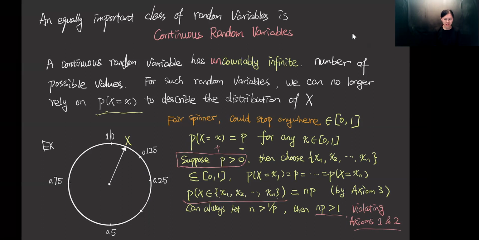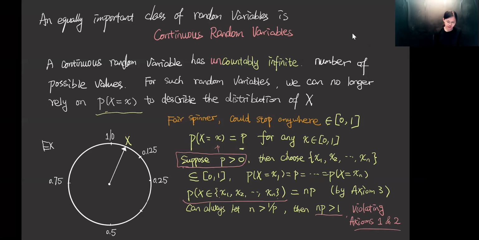If the probability that X equals little x is 0, which has to be the case according to our derivation here, then this probability is not very useful for describing the distribution of X. Because from these zeros, we cannot figure out the probability that X belongs to any other set, any interval, for example.